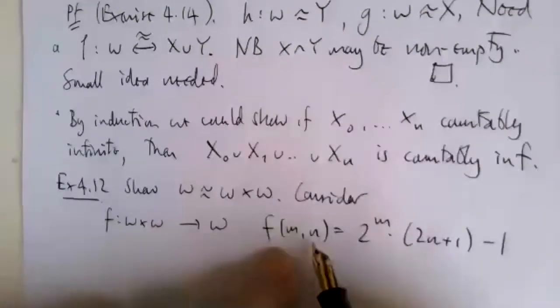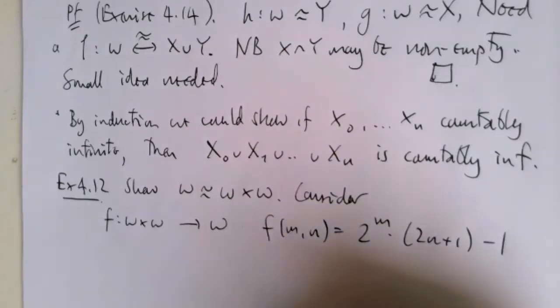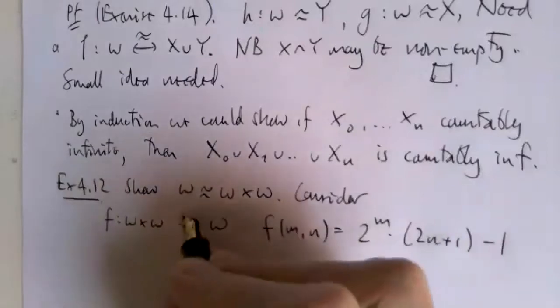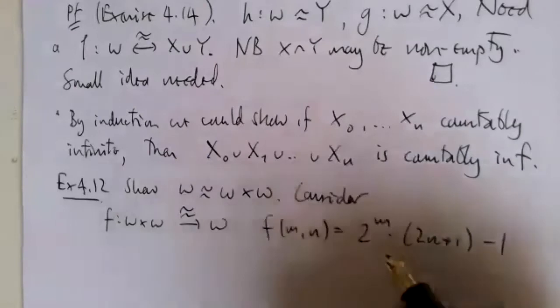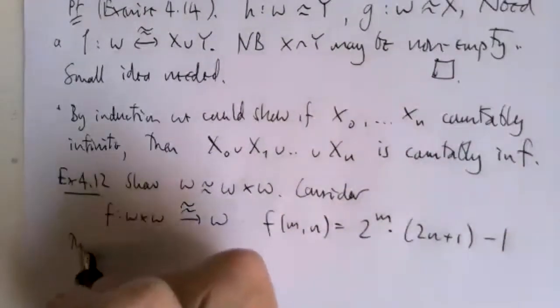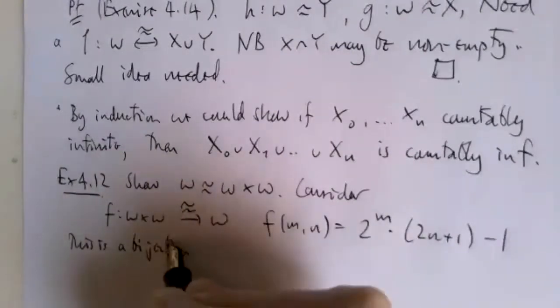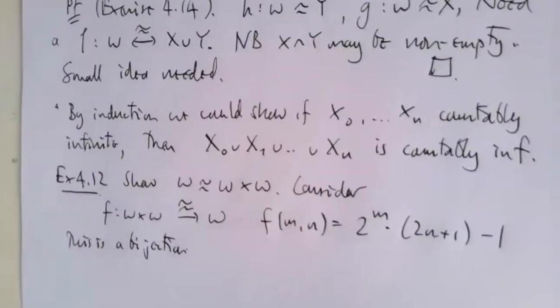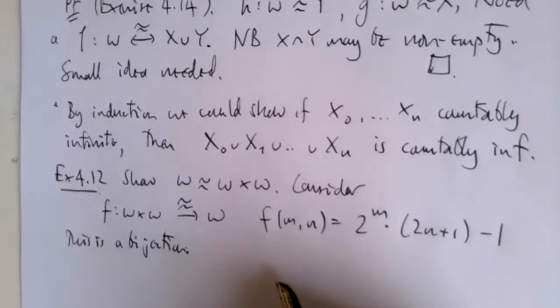It's a nice one-to-one onto map from all the pairs onto omega. So f is a bijection there. Okay, check that you see this. We also use as a bit of notation the kind of unpairing functions.